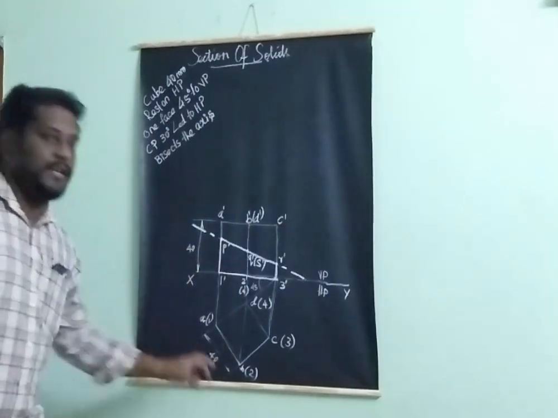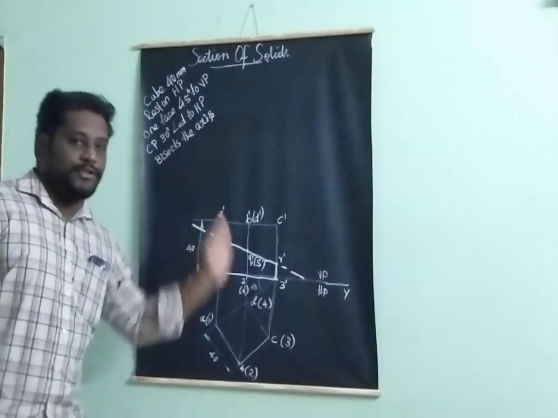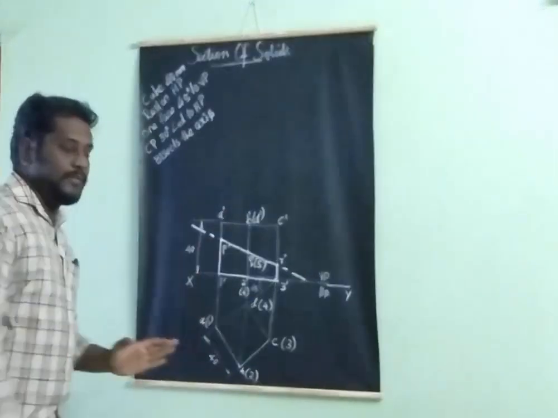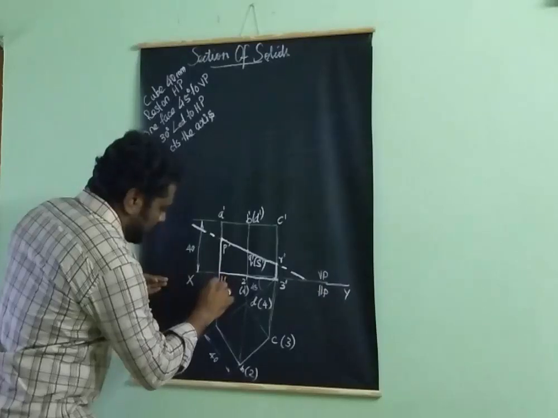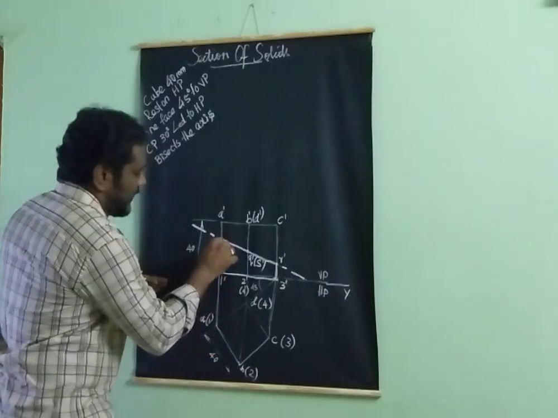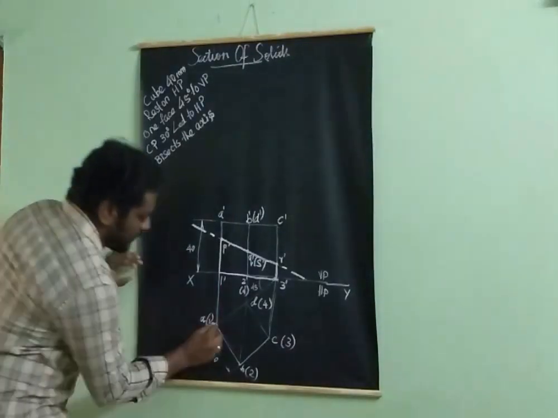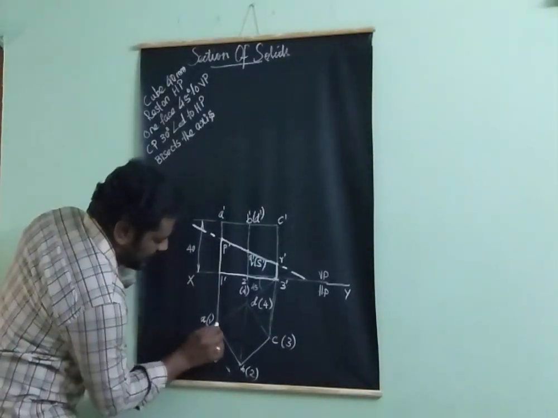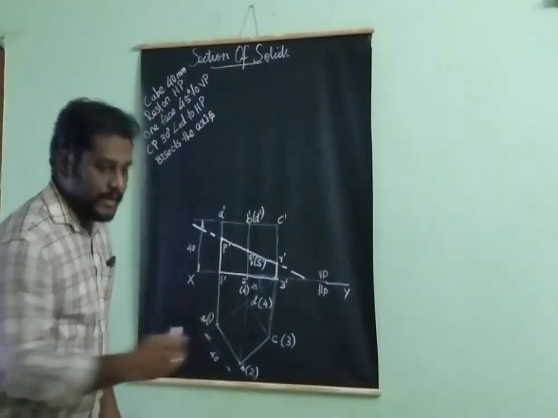To draw the sectional top view, I have to project all my cutting points vertically downwards. The cutting point P is on the 1A longer edge. This 1A longer edge will be viewed as a point in the top view.